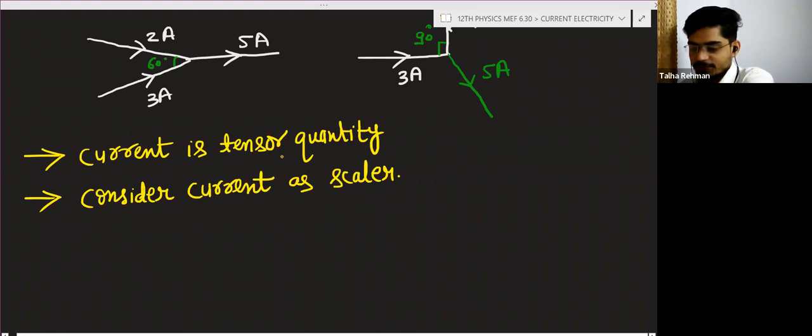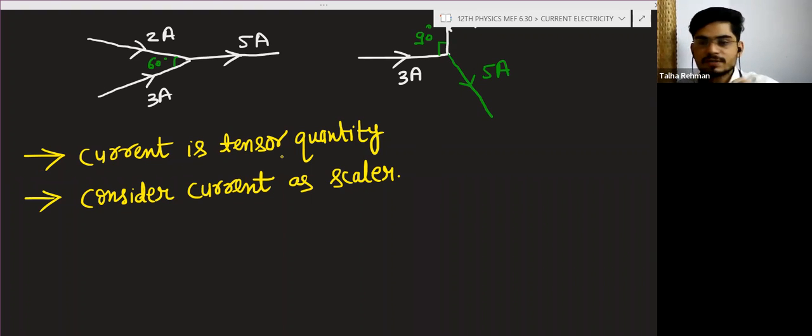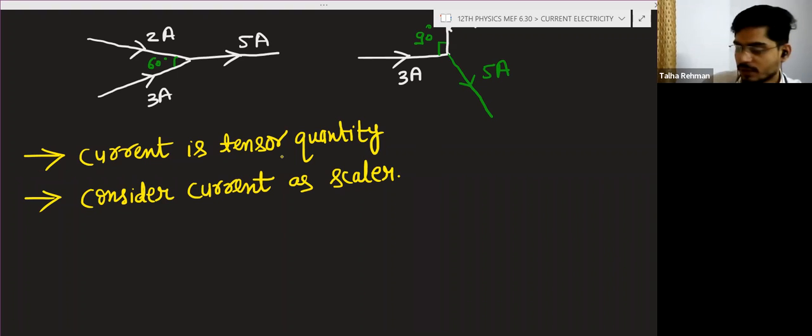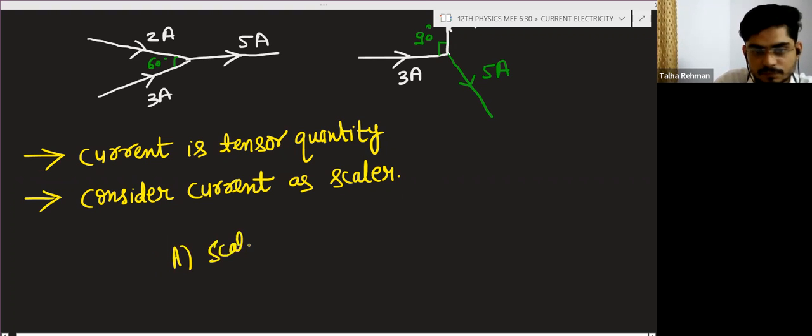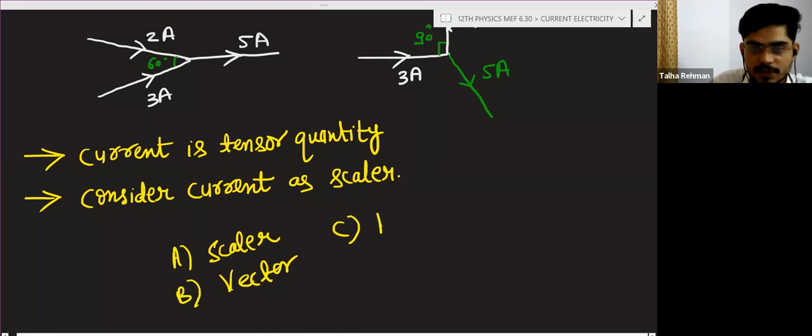So that's why I am saying, I am not saying current is a scalar quantity. I am saying consider, you can do it like this. If four options are given, what is current? Option A is scalar, option B is vector, option C is tensor, option D is none of these.